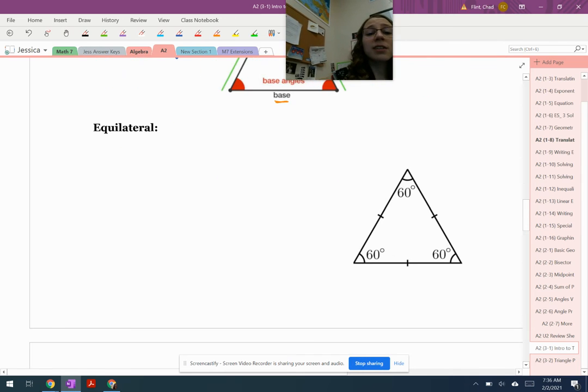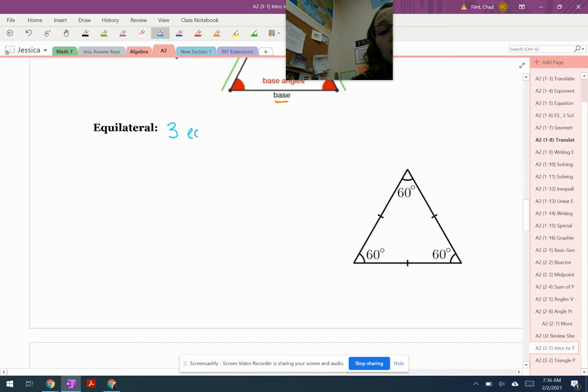And then last but not least, equilateral triangles. Equilateral triangles have three equal, congruent sides, which means all sides are the same length.